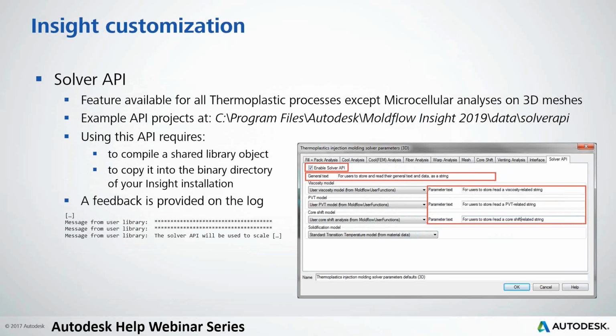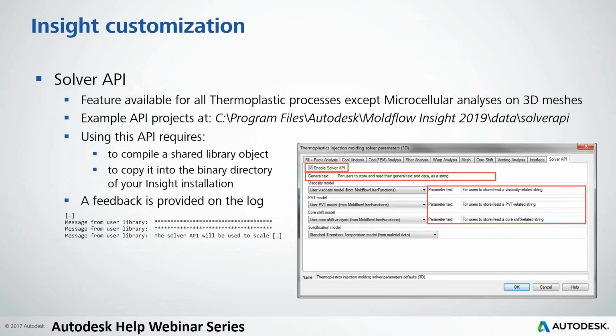Here we have also a bunch of example projects which are under this path. These examples are written in C++. And additionally to Moldflow, what you will need is the ability to compile these C++ files into libraries and to have the rights on the machine to introduce these libraries in the binary directories of the installation of Insight.